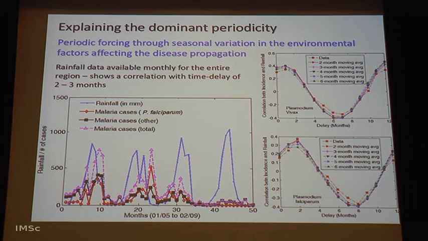They are almost aligned with some delay, because after rain the mosquito breeding may take place, and after that the adult mosquito may come out. So in order to find out, we have the delay in months and the correlation coefficient between incidence and the rainfall. We have found for Plasmodium vivax it's 1 to 2 months, and for Plasmodium falciparum, 2 to 3 months.